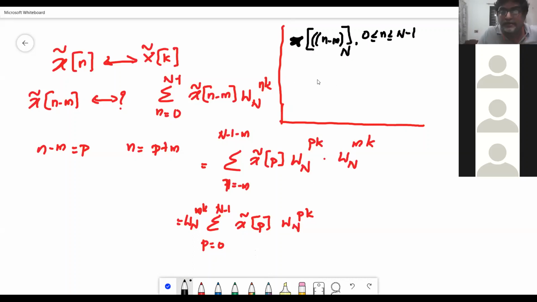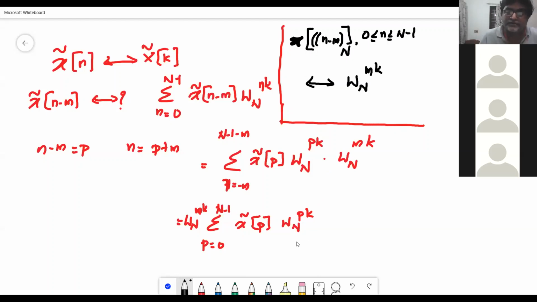We'll have a DFT given by W_N raised to mk, and this is sigma p equal to 0 to N minus 1 x tilde of p, W_N raised to pk. So this will be a function of only k because you are summing over p. So p, n, etc. are dummy variables that vanish in this summation. So I can even replace p by n: n equal to 0 to N minus 1 x tilde of n, W_N raised to nk.